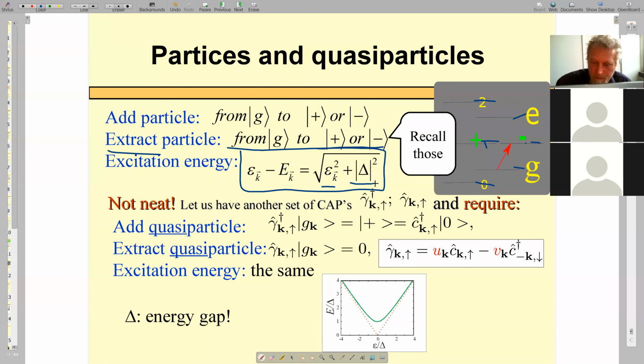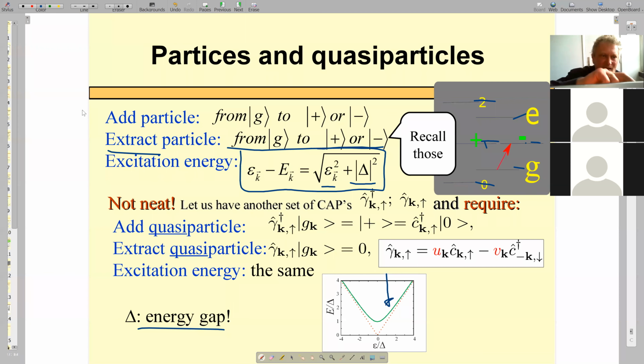Right, so it's a hyperbolic spectrum, which I sketched here. Funnily enough, if there's superconductivity, one has to pay energy to excite a particle. This energy cost is 0 for a normal metal. It's an energy gap in the spectrum.